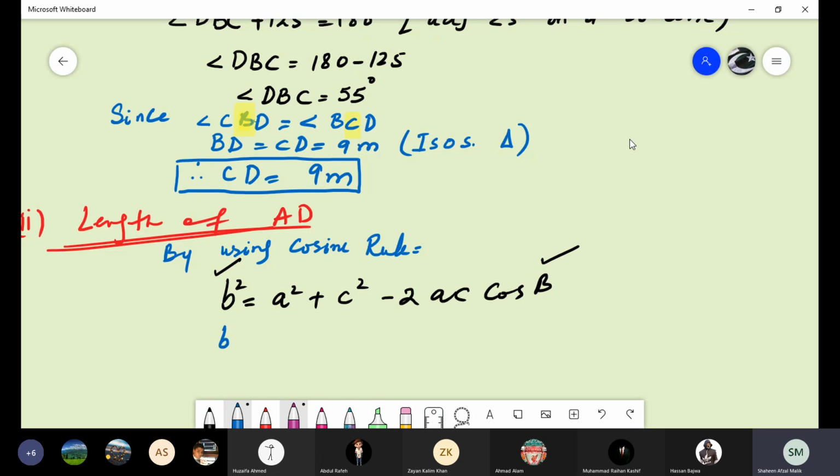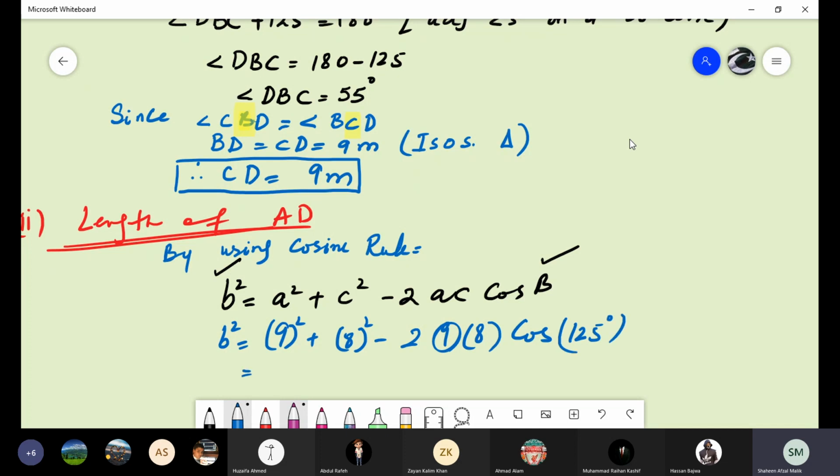Now substitute the values. B square is equal to, what is the A square? A is 9, C is 8. Minus 2 into 9 into 8 into cos of 125 degrees.